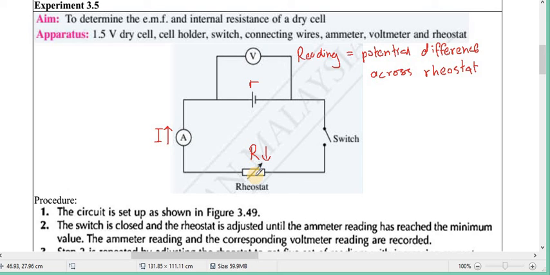Remember, when resistance becomes lower, the amount of work done by the charge to overcome the resistance will decrease, right? Because there is no need to do so much work to overcome the resistance. So the amount of energy at the rheostat will go down. That means the potential difference at the rheostat will go down. So if the energy at the rheostat goes down, where does the energy go? It will go to the internal resistance.